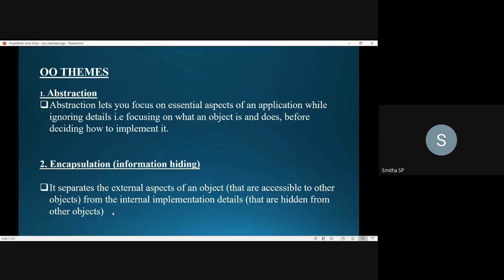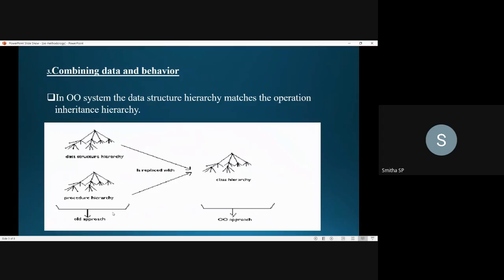The next theme is combining data and behavior. In an object-oriented system, the data structure hierarchy matches the operation inheritance hierarchy. So, what is combining data and behavior? Here, the caller of an operation need not worry or consider how many implementations exist.